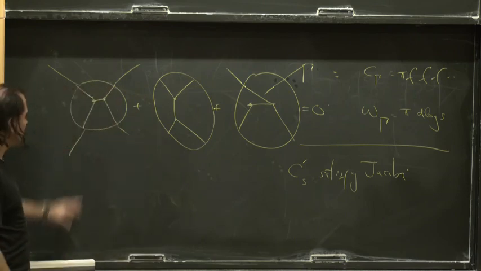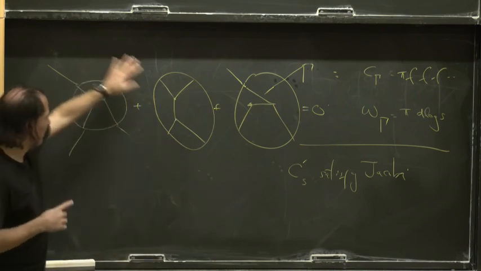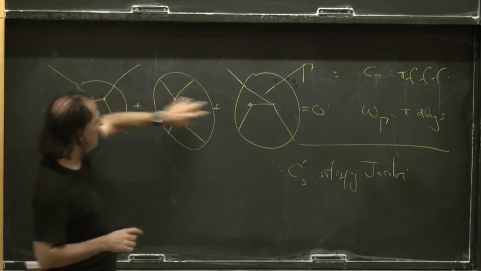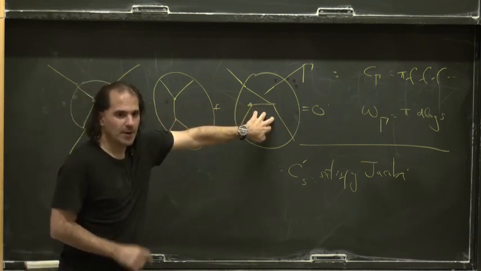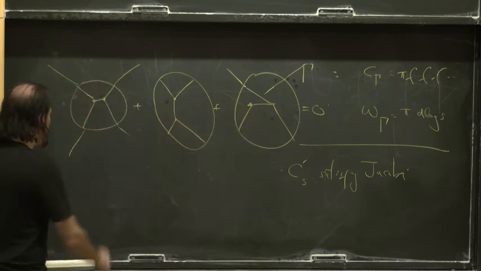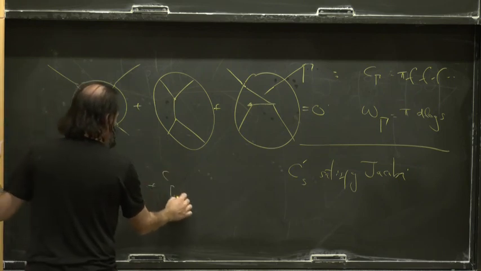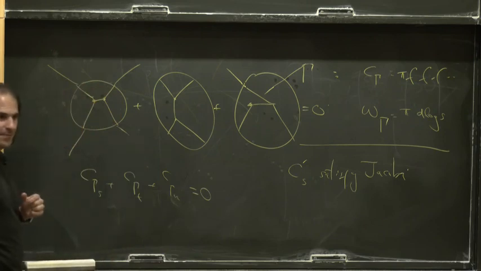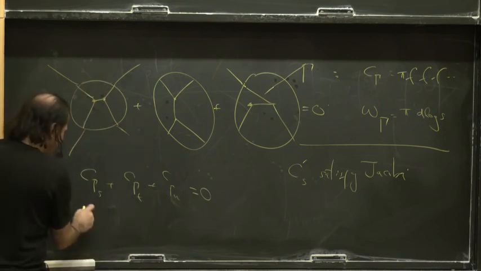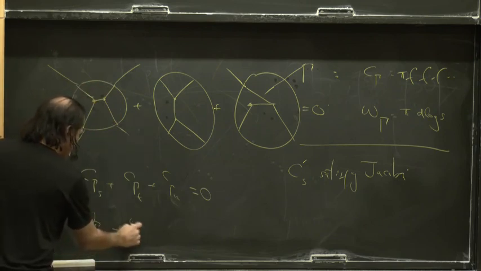Okay? So that's exactly what the Jacobi relation says, because whatever else is happening outside, ff plus ff plus ff is equal to 0. So it's a statement about C_gamma_S plus C_gamma_T plus C_gamma_U is equal to 0. Okay? The remarkable claim is that the omegas satisfy exactly the same identity.